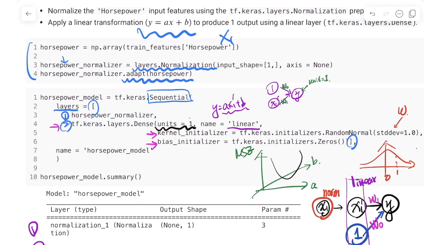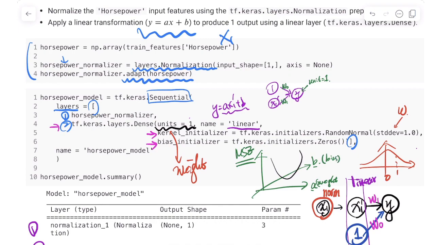The kernel here means weight. When we try to find the smallest value of MSE, basically we have a and b. A is the weight, and b is the intercept, or we say it is the bias.